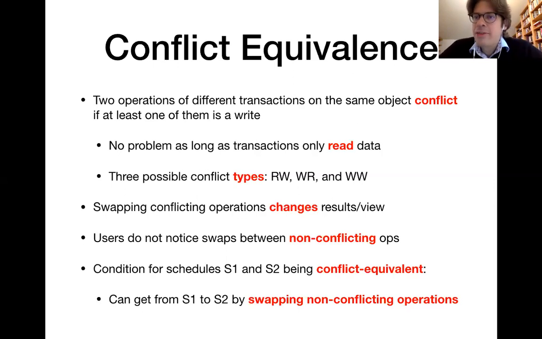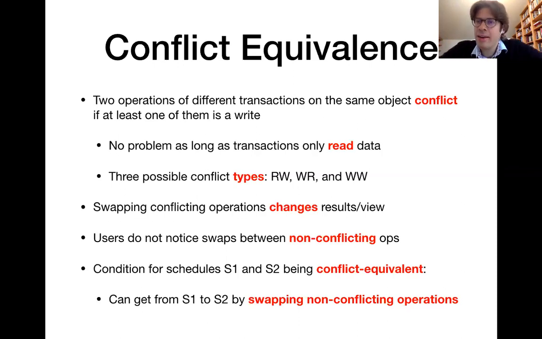Whenever I change the order of some of those conflicting operations in the schedule, I have a risk of creating differences, either in terms of the final state of the database or in terms of what the users see in which order.